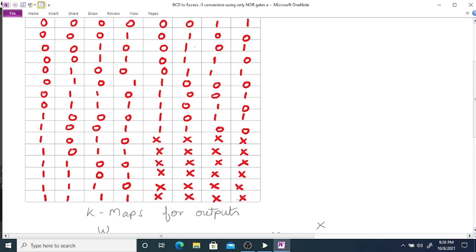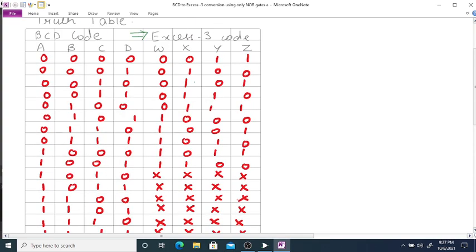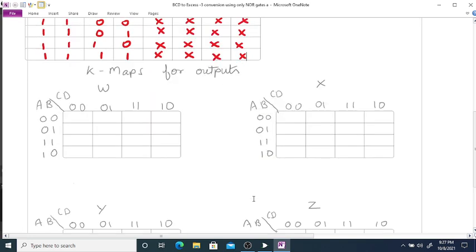Now, we will complete the K maps for W, X, Y and Z outputs. So, here for W we will get 0, 0, 0, 0, 0 and we will have don't care conditions over here.